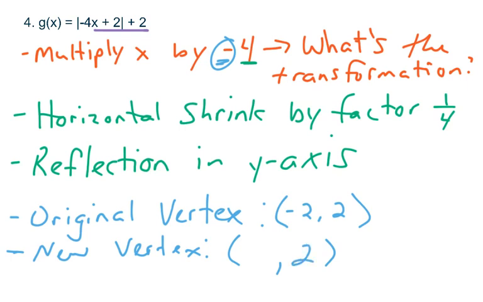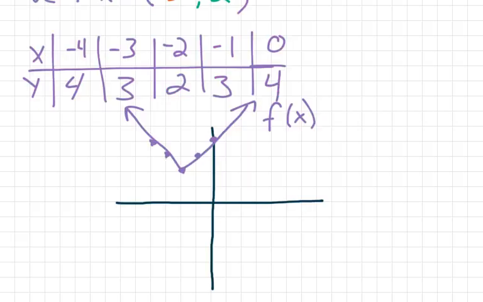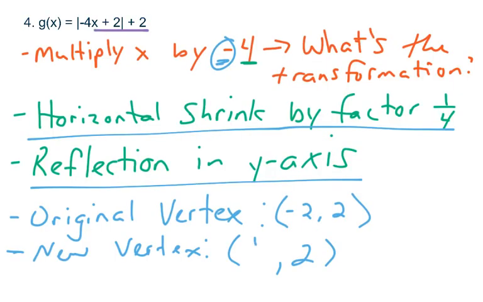So now we're going to think about the horizontal shrink by a factor of 1/4 and a reflection. This distance right here is 2 units. If I take that and divide it by 4, or multiply by 1/4, 2 divided by 4 is 1/2. So now instead of being at negative 2, I'm going to be at negative 1/2. That takes care of the shrink. Now I need to reflect it, so it's actually going to be at positive 1/2. So my new vertex is going to be at positive 1/2, positive 2.